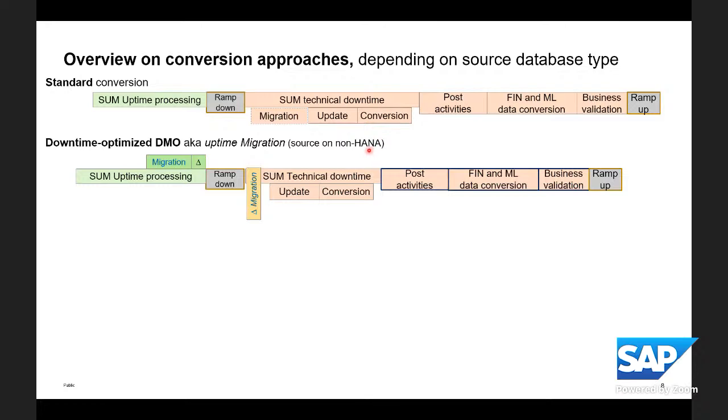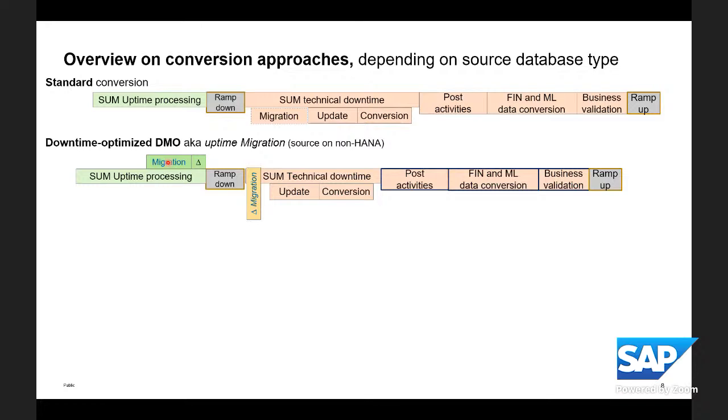And then we may say, well, downtime optimized DMO is not restricted to system conversion, but can nevertheless also be used for a system conversion. That means we reduce this migration part of the software update manager by manually selecting large application tables, telling the tool those tables shall be migrated in uptime already.